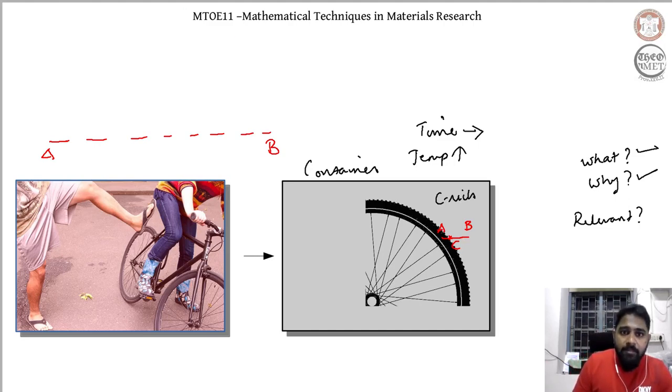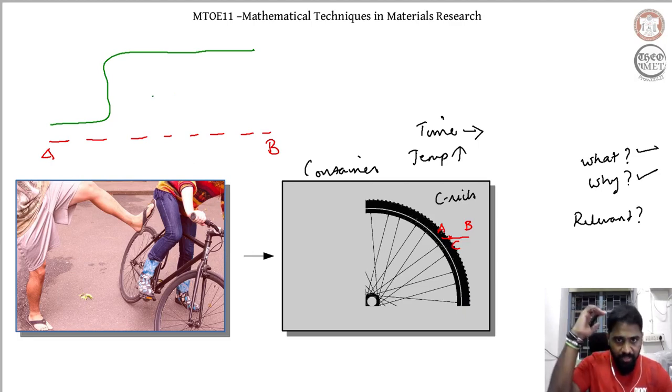Now, when I plot the carbon concentration across AB, I end up getting a profile like this. Within my rim, the carbon concentration is low, and as I move into my surrounding, it shoots up and continues to remain high.